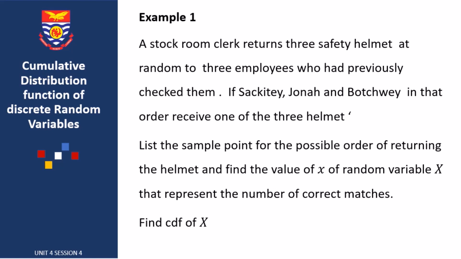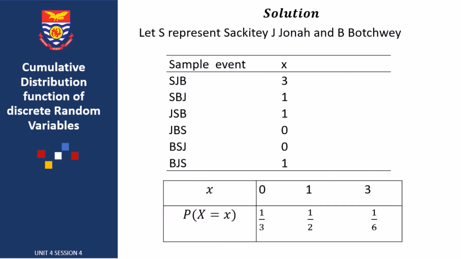And at the end, we have to find the CDF, the cumulative distribution function of X. So you see the order: Sakite, Jonah, and Butchie, that is S, J, and B in that order. That's the right order. So let's look at the ideal solution.